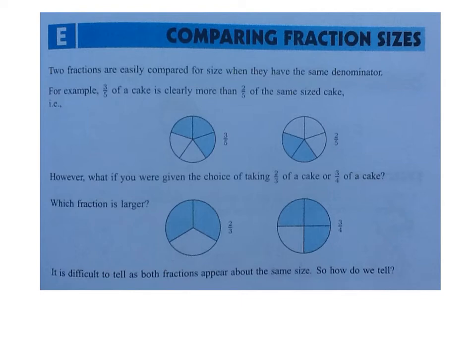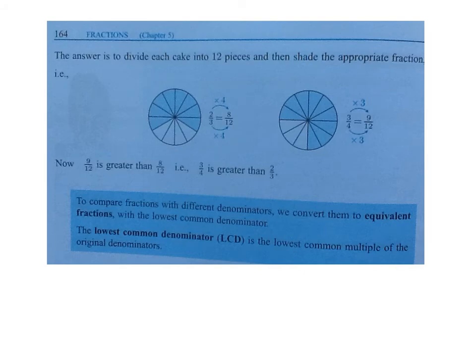So you have to solve that problem by creating equivalent fractions, but equivalent fractions with the same denominator. Once we've done that, easy as, you can easily compare which of those fractions is bigger, and you can see the strategy there.